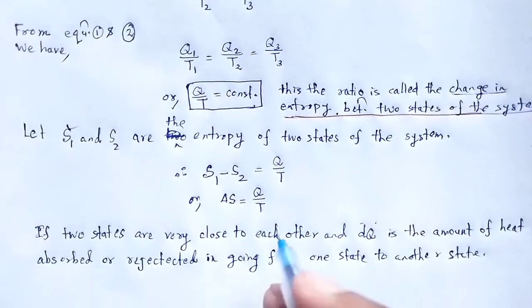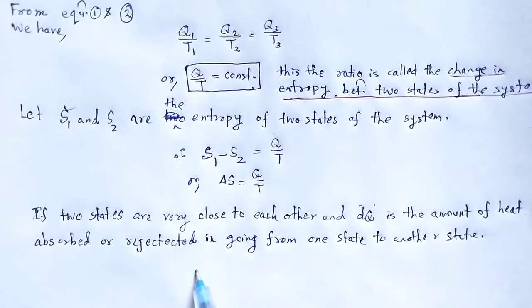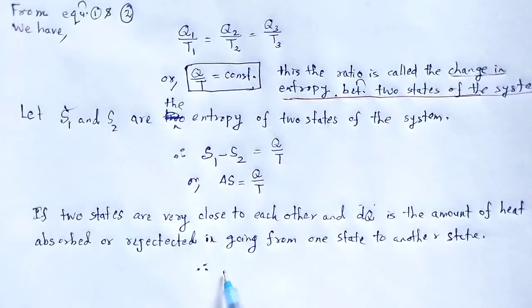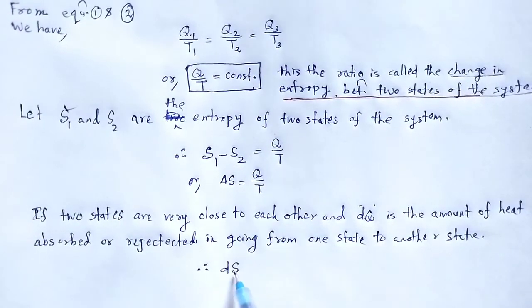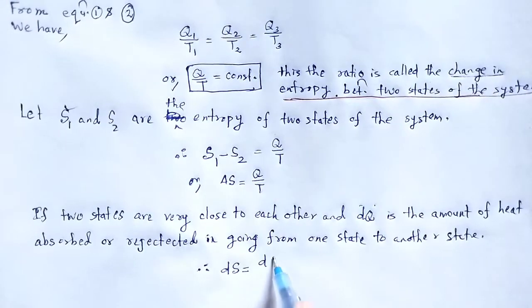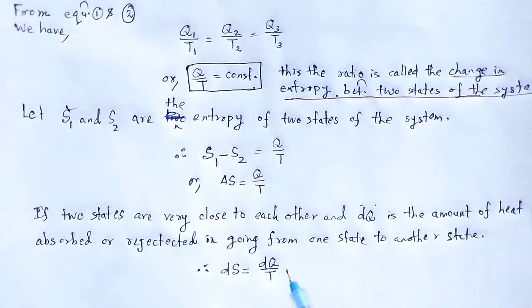So that equation changes to ds is equal to dq divided by t.